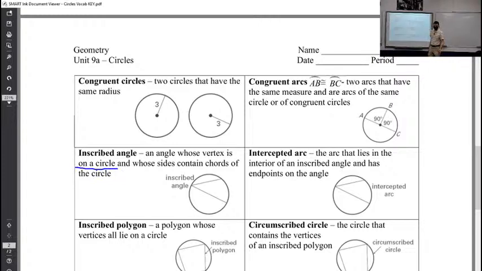In other words, the vertex, which is the place where the angle meets, is on our circle. There's our vertex, and here is the angle. So this angle right here is called an inscribed angle. So here it is again. It's on the circle.